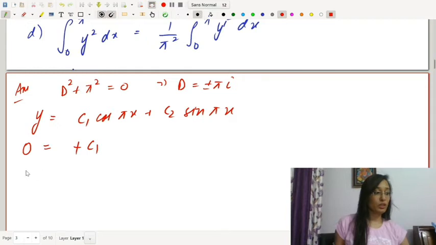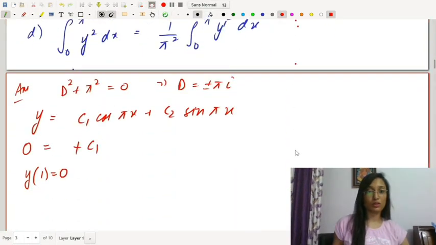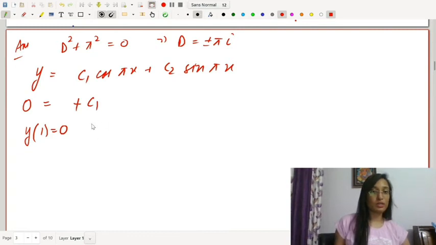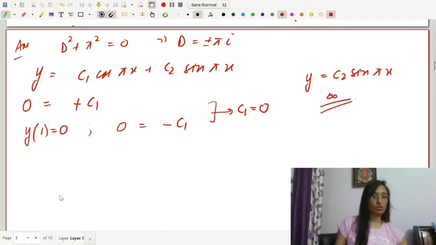And we are given that y of 1 is equal to 0. Hence we have 0 is equal to c1 cos pi, which is minus c1, plus c2 sin pi, which is 0, which in turn implies c1 is equal to 0. Hence y is equal to c2 sin pi x, infinitely many solutions.